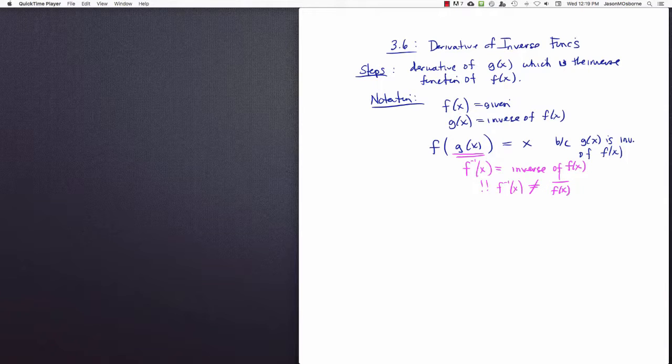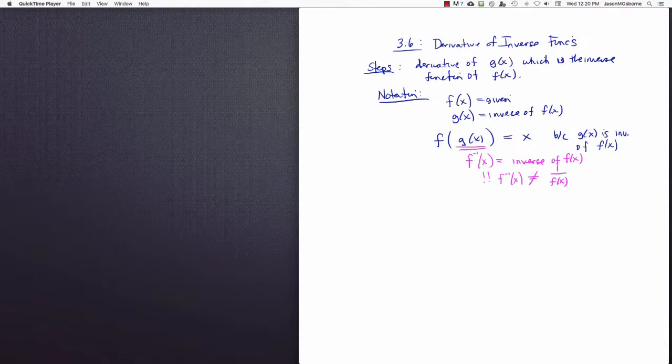Those are not the same thing. This is a tricky notation for the inverse function. So the question is, how do you take the derivative of the inverse of a function, if you know what the function f of x was, whose inverse you're trying to find the derivative of?